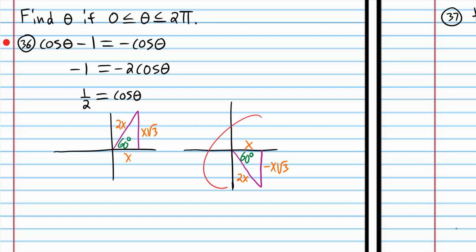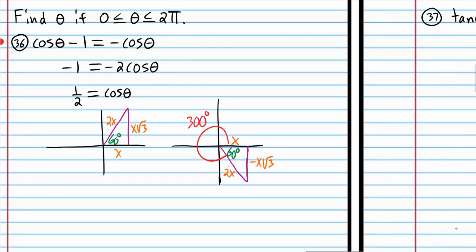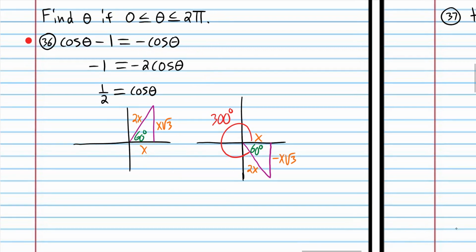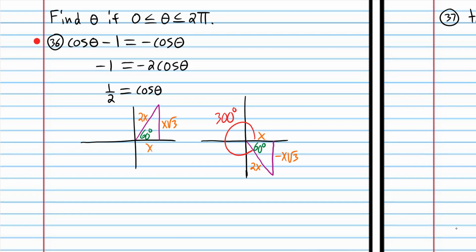But over here, the actual angle measure is this red measure here, which is 300 degrees. So we want the angle measures between 0 and 2 pi, which means between 0 and 360 degrees. So these are the answers, but the problem is we're supposed to write our answers in radian units. The problem implies that we need to do that.